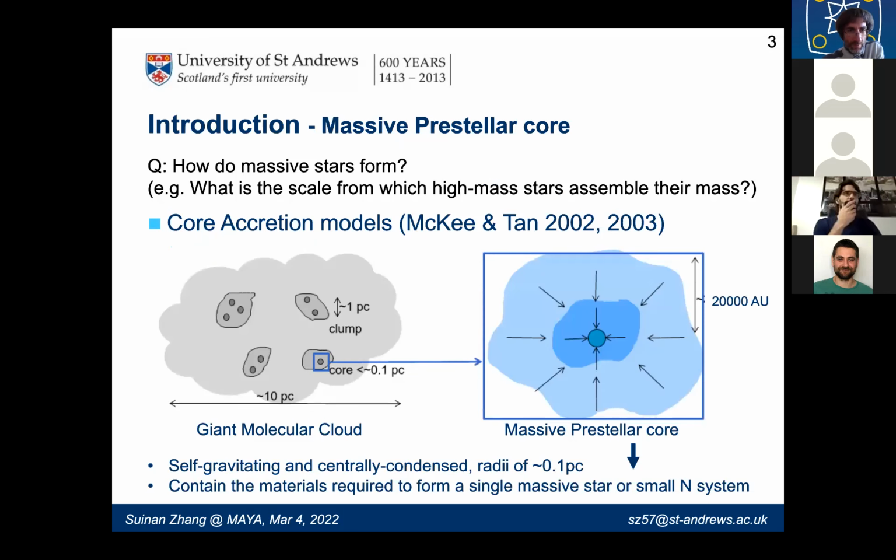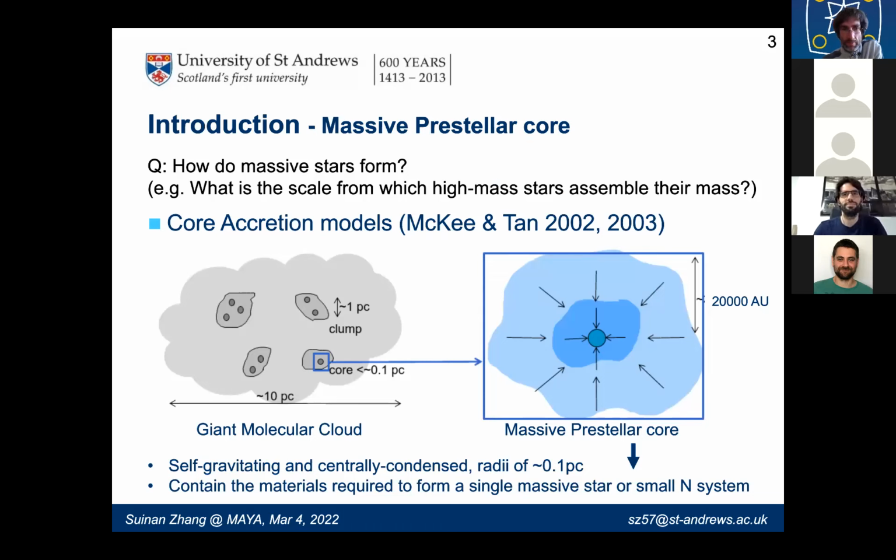So the formation of the high mass stars has not been fully understood yet. The key questions that remain in this field include how do massive stars gain their mass, and from what scale do high mass stars assemble their mass?